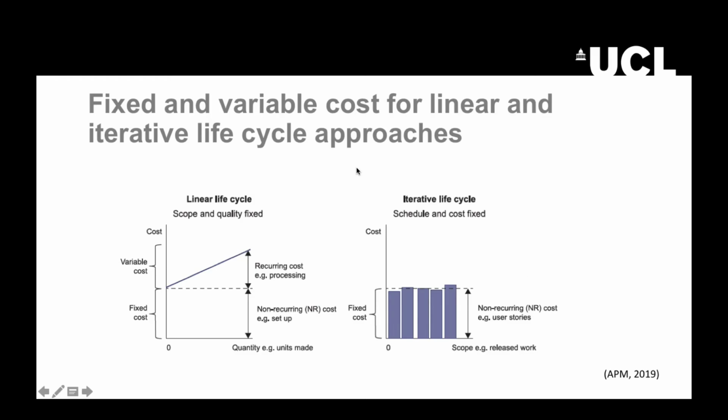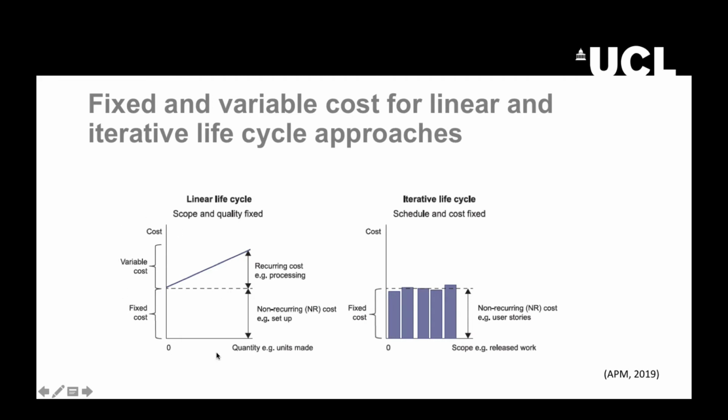Well, there is some relation between fixed and variable costs for linear and iterative lifecycle approaches. Usually for projects that follow a linear life cycle, the scope and the quality are fixed, while the costs could vary.